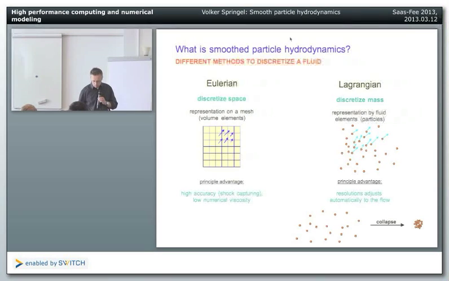And there are two fundamentally different approaches for this. One is the traditional one, where you discretize space typically into cells of some size, or some finite elements that are stationary. And those elements are usually a grid or a mesh. And a corresponding description is called Eulerian hydrodynamics.